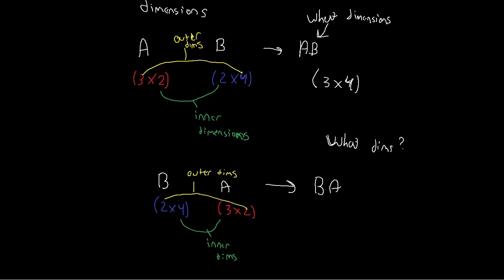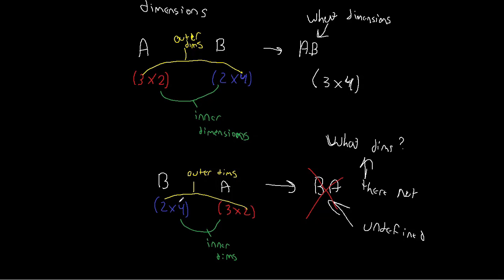Well, here's the rub. They're not. This is undefined. You can't do this. This does not work, and the reason is that these inner dimensions do not match. Up here they did. The inner dimensions were the 2 columns from A and the 2 rows from B. They matched just fine.